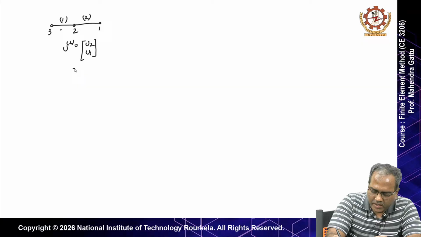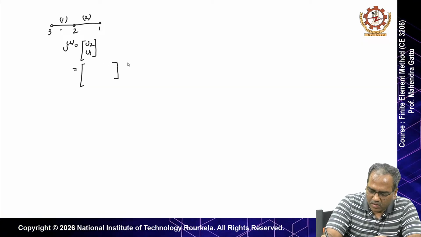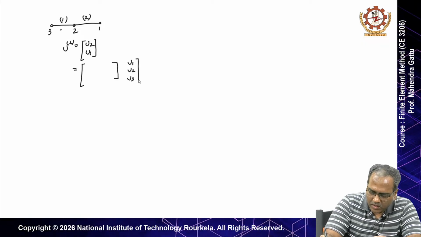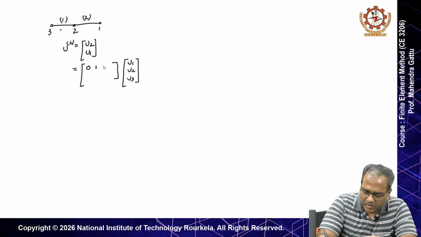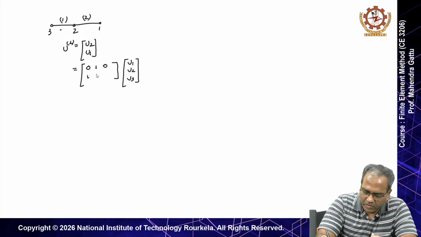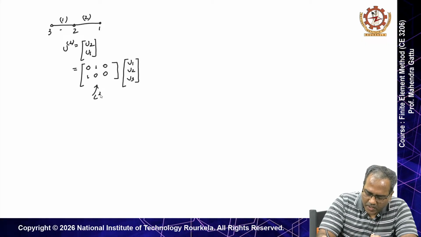We write this in terms of the scatter matrix acting on U1, U2, U3: the coefficient of 1 for U2 and the remaining are 0, and in the second row the coefficient of 1 for U1 and the remaining are 0. So, this is our L2 matrix.